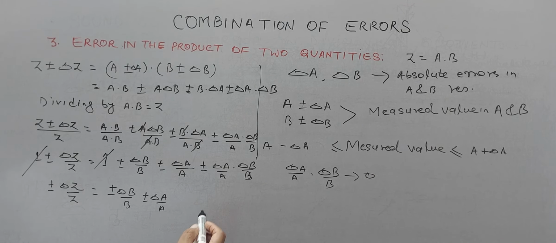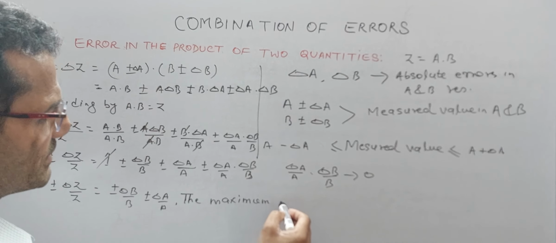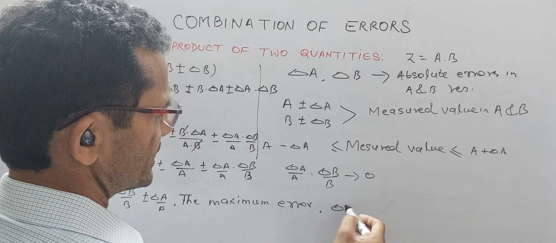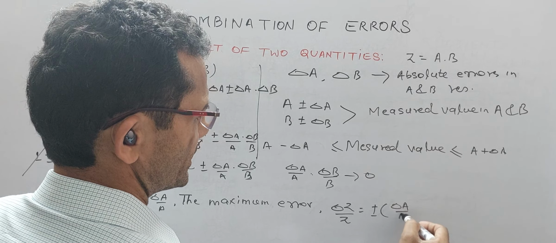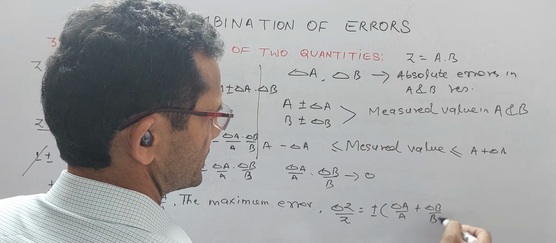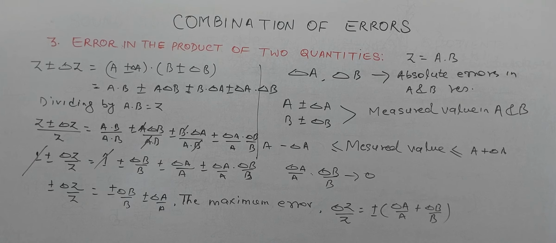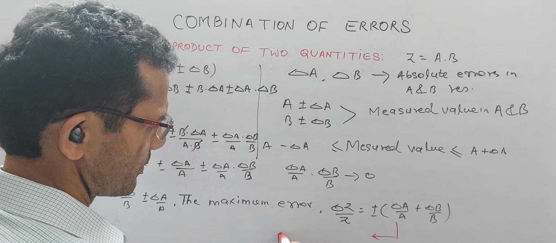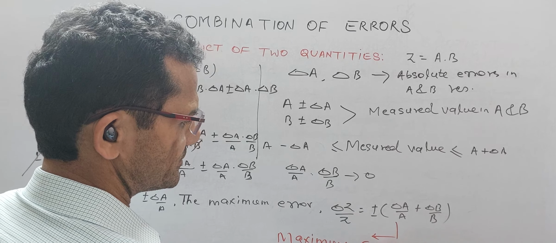So if I organize this, the maximum error, when both are positive or both negative, will be delta Z upon Z, which is known as the relative fractional error, equal to plus minus delta A upon A plus delta B upon B. This is known as the maximum fractional error.